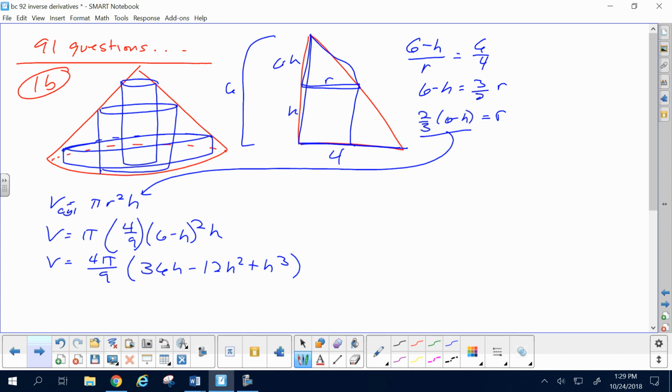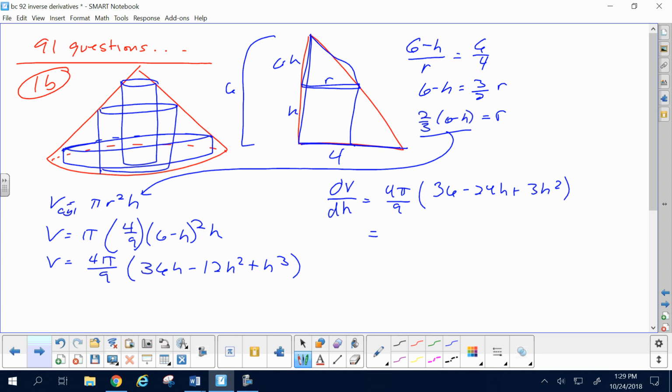Now that was a lot of work up front, but now the calculus will go smooth. dV/dt, no, sorry, it's not changing with time. Different volumes with different heights, so dV/dh is 4 pi over 9 times (36 minus 24h plus 3h squared).